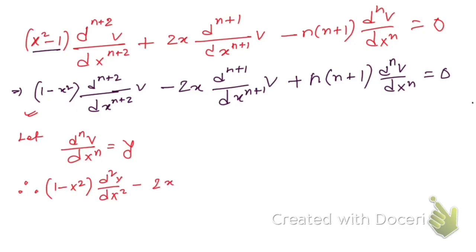Then here the order is n plus 1, so we write the first order derivative of y with respect to x, plus n into n plus 1, y is equal to 0, right?